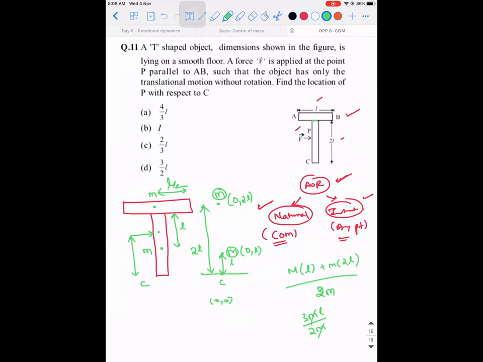Nothing is clear. We don't know whether they are collinear also. We have no information, right? If I take this as M and this as M, I'm getting 3L by 2. But if you take them to be of different masses, other options will also come out. To be honest, this question has insufficient data.